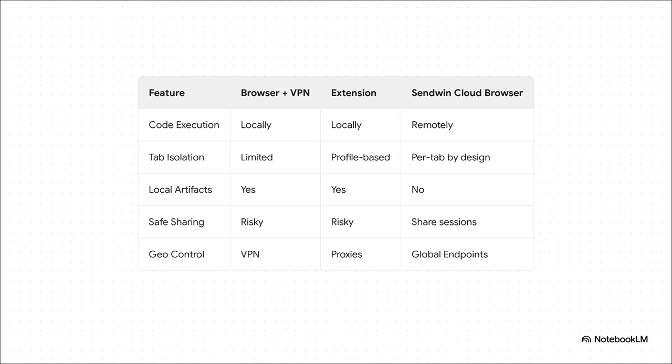Just look at where the anonymous cloud browser really shines. While a VPN or extension still run all the code locally and leave junk on your computer, the cloud browser doesn't. But check out that sharing column. This is huge. Instead of sending someone a password, which is always risky, you can just share temporary encrypted access to a live session. It's a completely different way of thinking about collaboration.